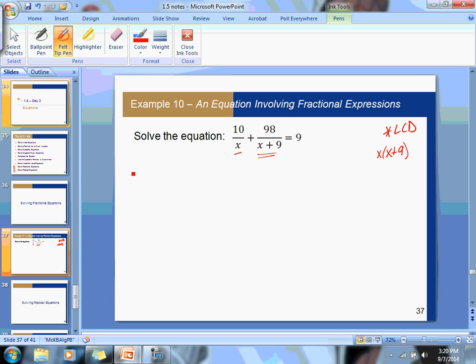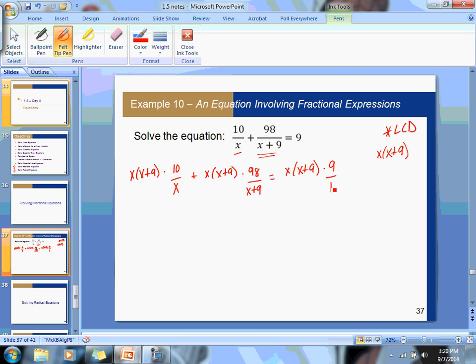You could take the x times the x plus 9 and multiply it by every single part. And that takes a little bit of time, but I think visually it's easier to picture. I'm going to put the 9 over 1.